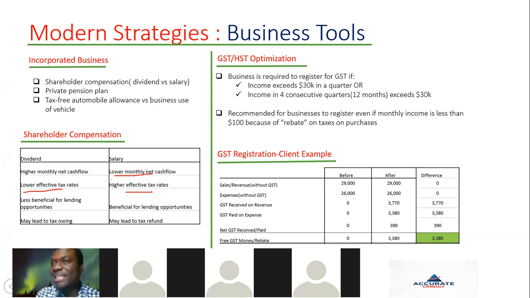But the flip side is that it depends on your situation. Let's assume I want to get a mortgage, as a first-time buyer. They want to see your T4, your pay stub, and the like. They want to see that you have a higher gross income. So your dividend will not show as employment income, but your salary will show as employment income.